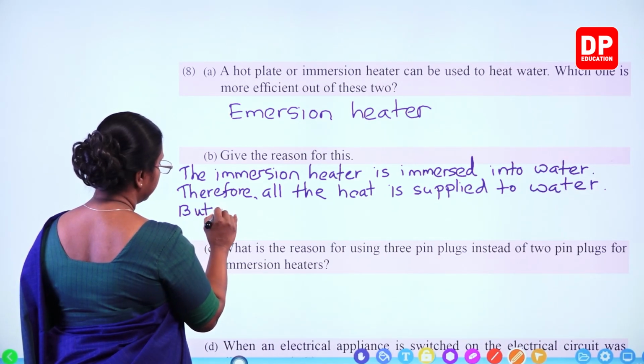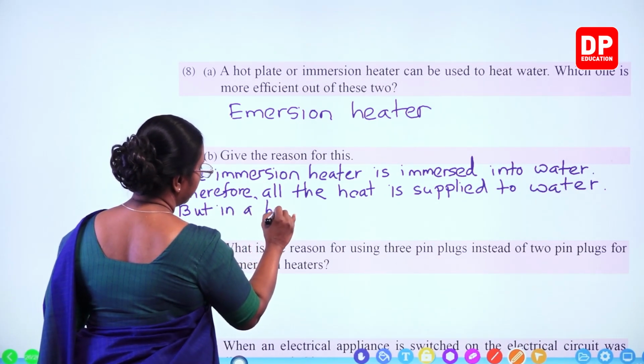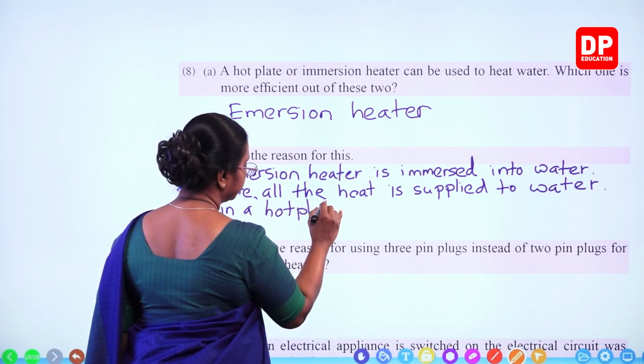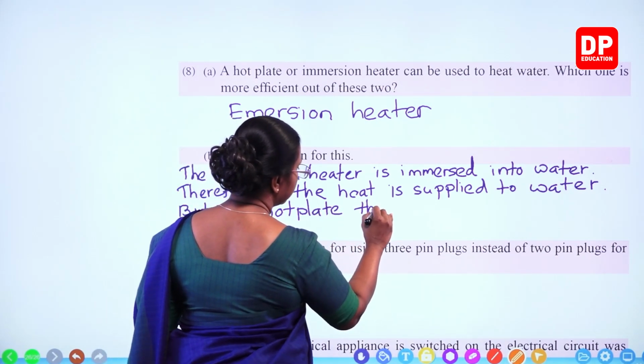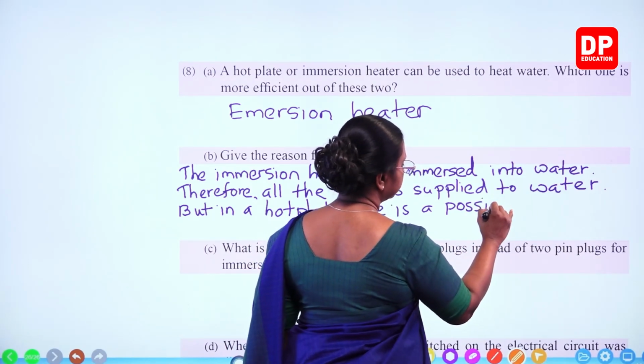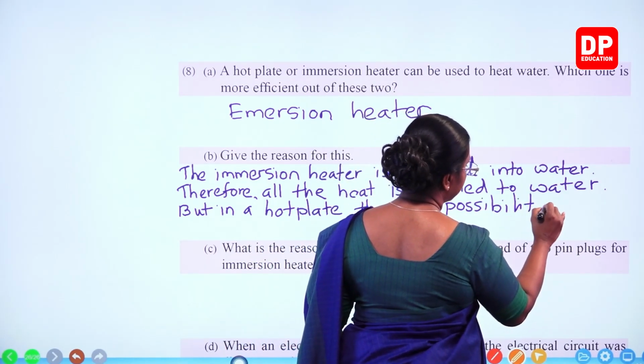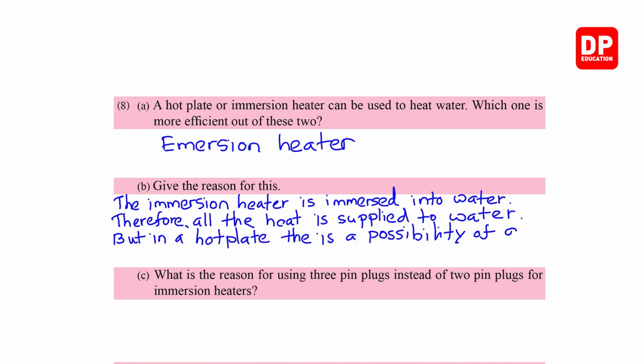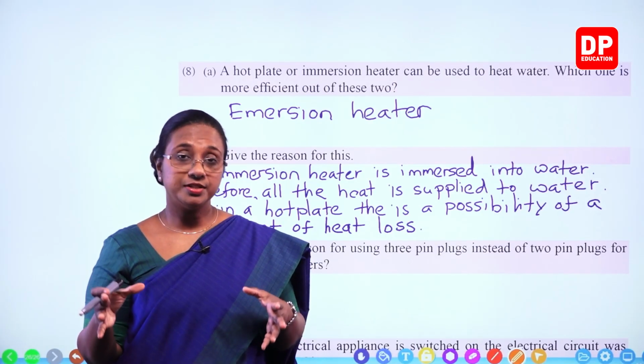But in a hot plate, there is a possibility of a small amount of heat loss. Why? You keep the vessel on the hot plate.